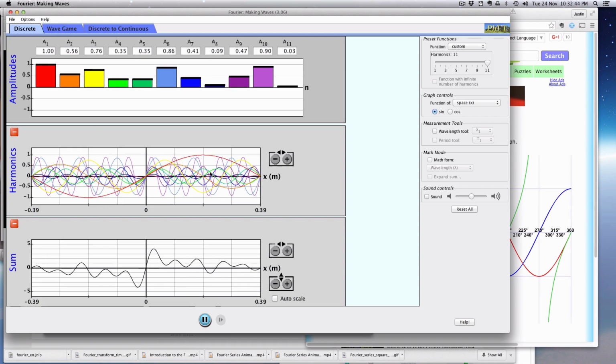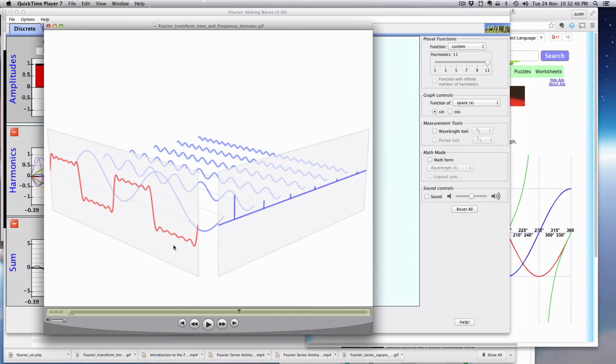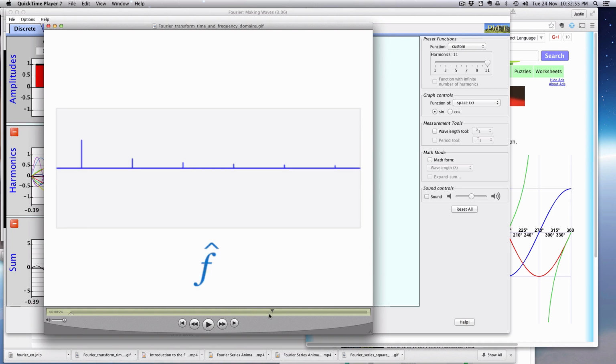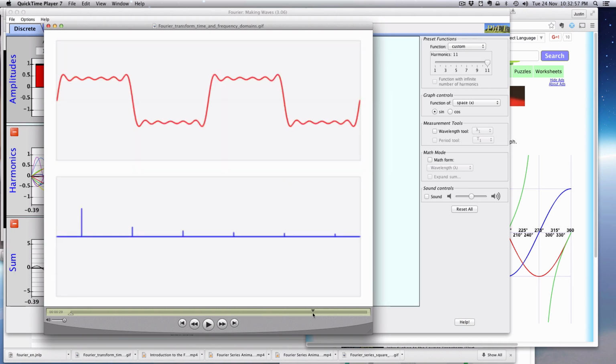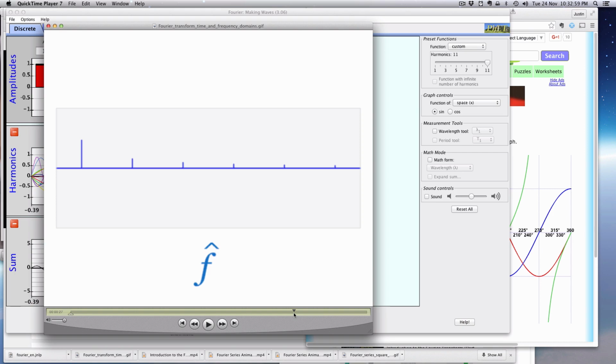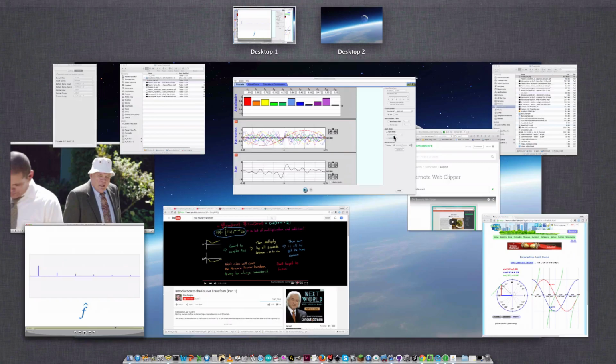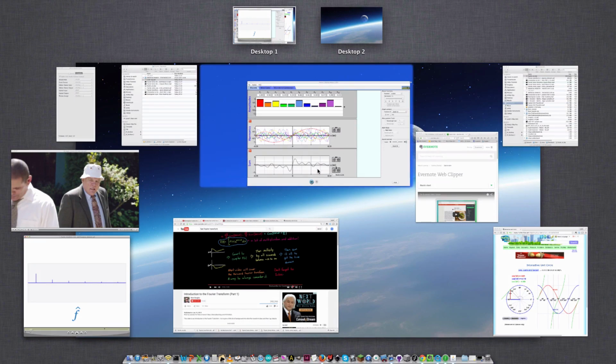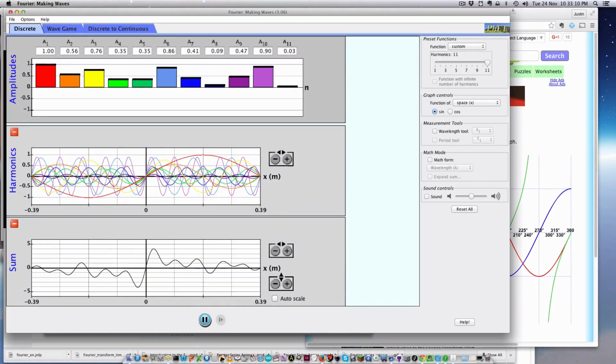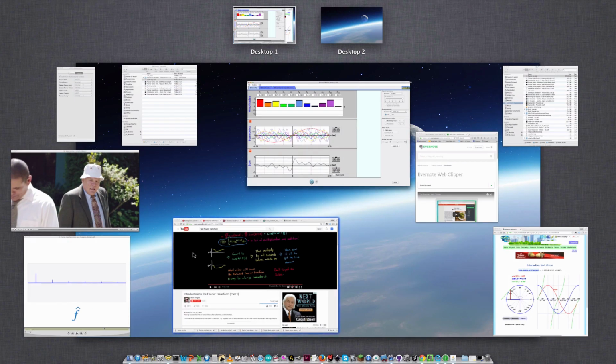But we can break it down into the component parts like this and have each of the component parts be represented by phase, frequency, and amplitude. Okay, so it's these two sides of the coin, both representing exactly the same thing, which can be very helpful.